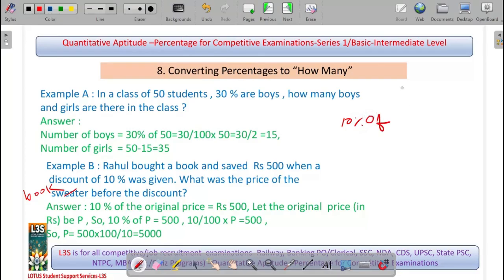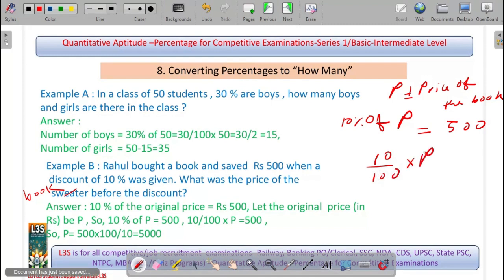of, say, the price of the book is P. So 10% of P is equal to 500. Okay, that means 10 by 100 into P is equal to 500.